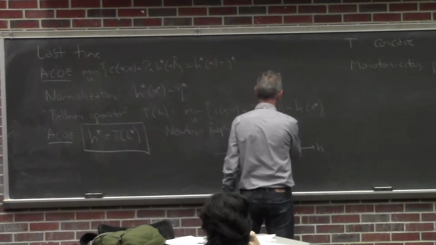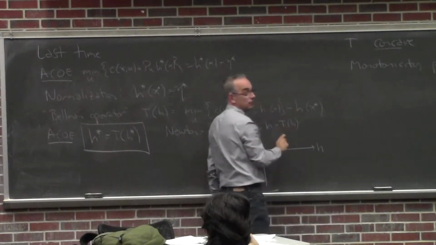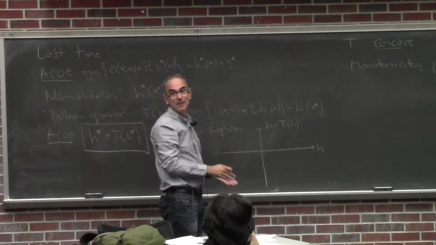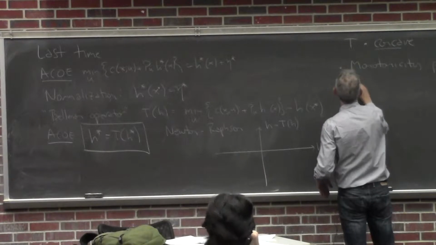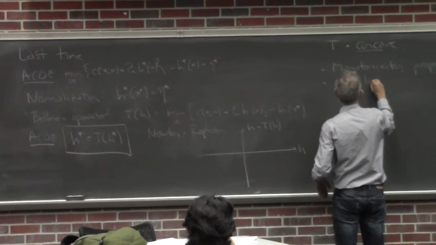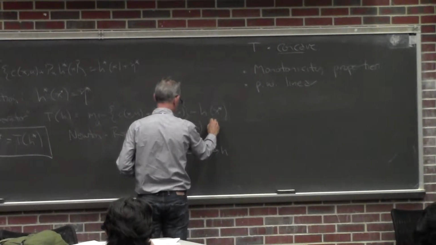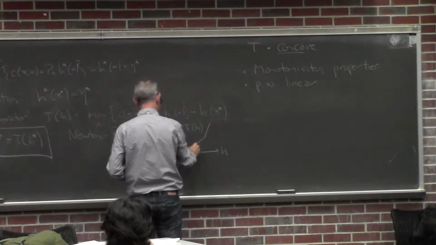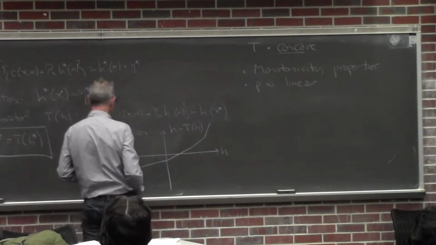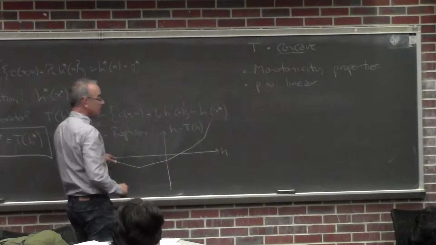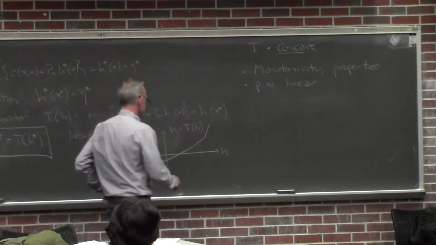This is h minus T of h. T is concave, so minus T of h is convex. So it's a happy face. It's also piecewise linear. So it's hard to draw this, but it's wham, wham, wham, wham. Maybe it'll go up again, I don't know. If it goes up again, we might be in trouble. That's unlikely. Let's not distract ourselves.